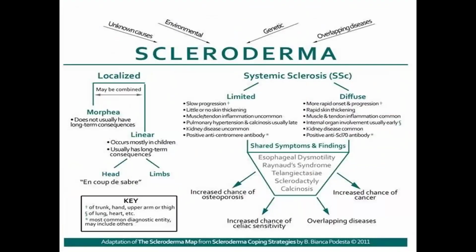Scleroderma. Scleroderma has two types, localized and systemic sclerosis. Localized, such as morphea and linear, is something that you don't have to worry about because this is more or less like a skin disease. Okay, dermatology will take care of these folks. And you have systemic sclerosis, which is basically limited or diffuse.